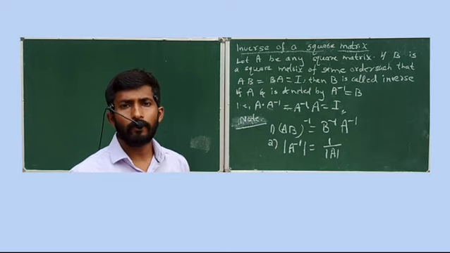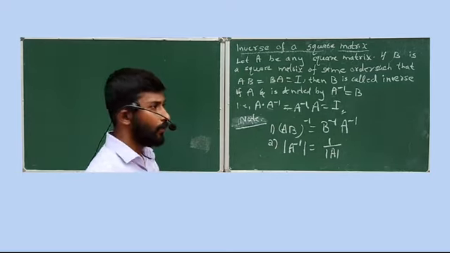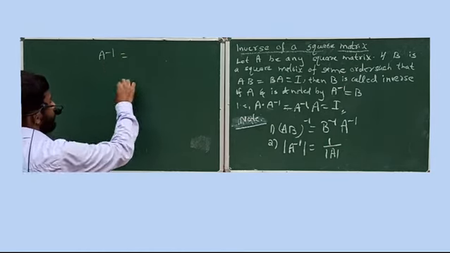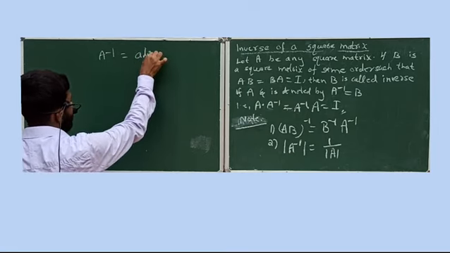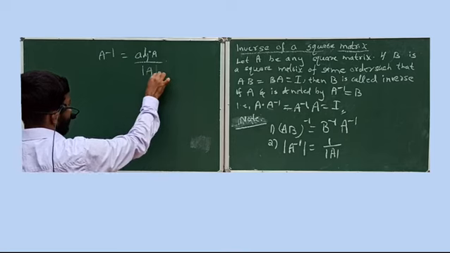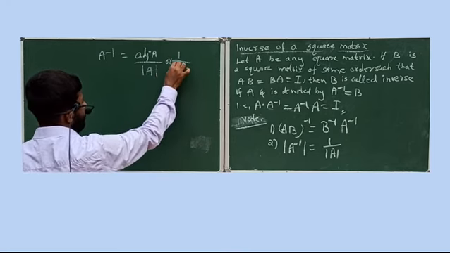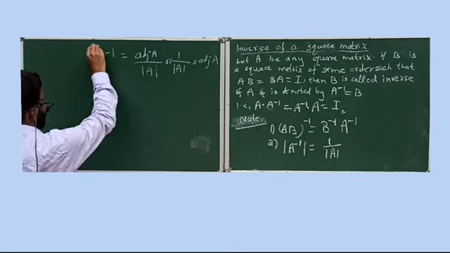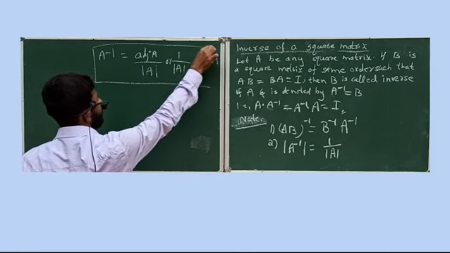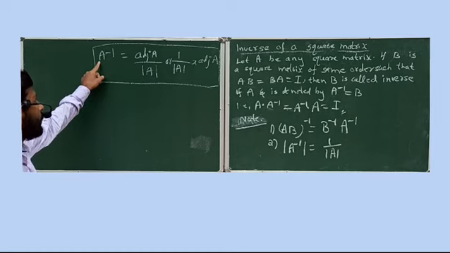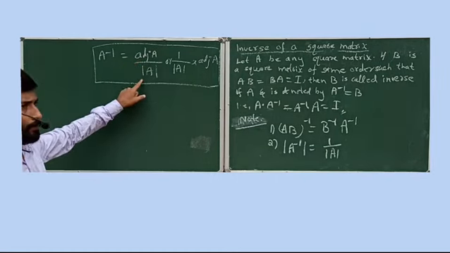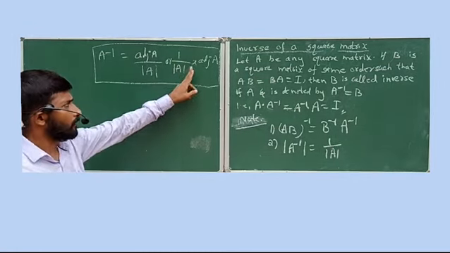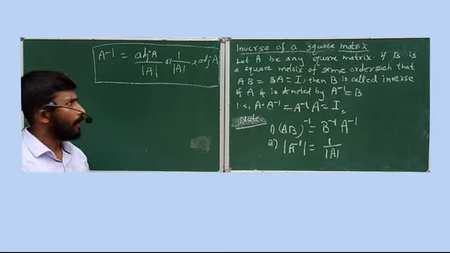Then the formula for finding A inverse of the given square matrix. Again a very important formula: the inverse of any square matrix A is given by adjoint A divided by determinant of A, or you can write it as 1 by determinant of A into adjoint A. How to calculate adjoint of A?